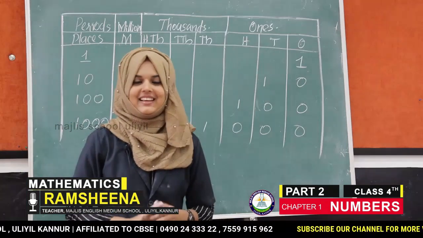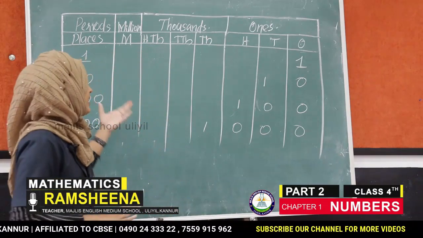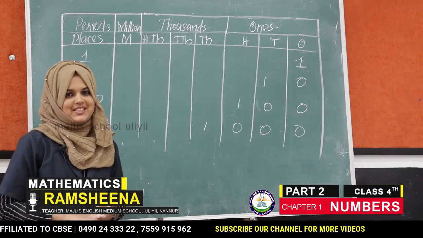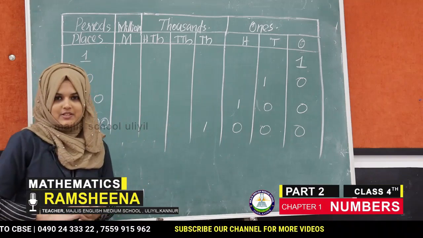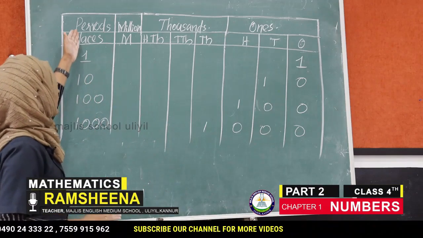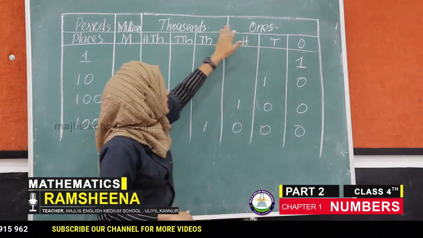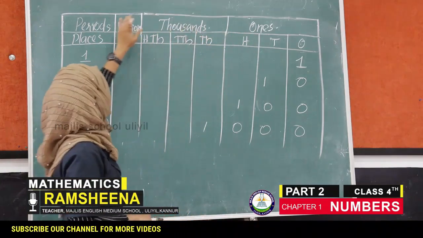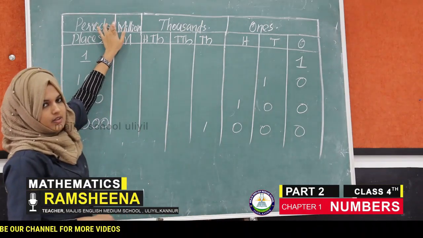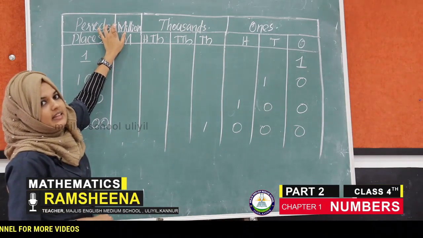Okay, very good. Then the second one, the international place value system. Look at the place value chart. First, the periods: the ones period, thousands period and millions period. Look carefully, millions period.